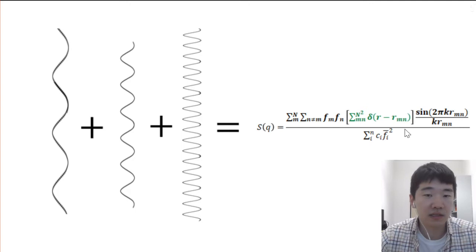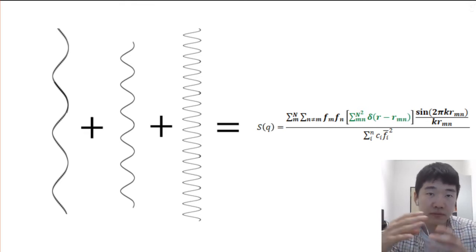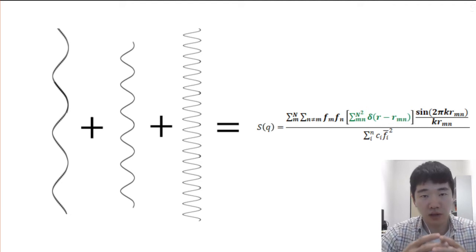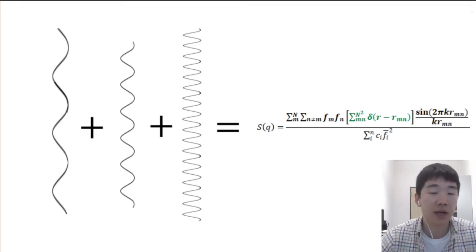And we need to normalize, because what I demonstrated to you before neglects any contribution of atomic pairs. When the R value is larger, there is more probability of having pairs.